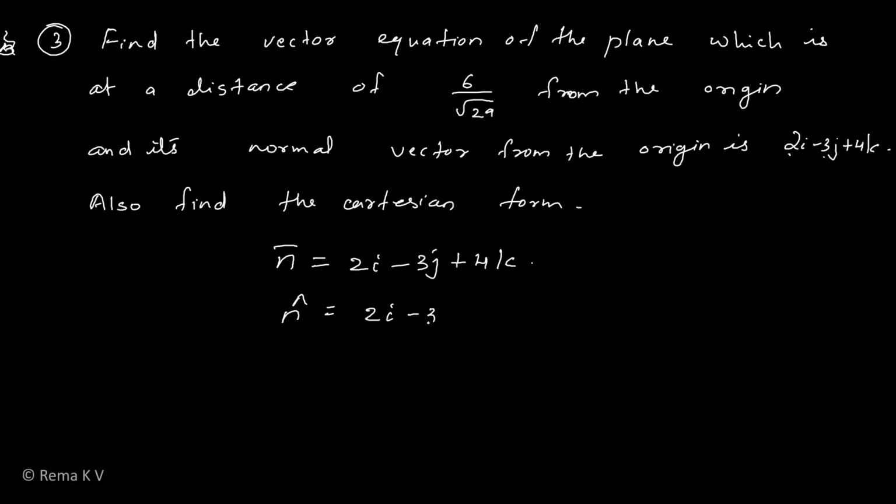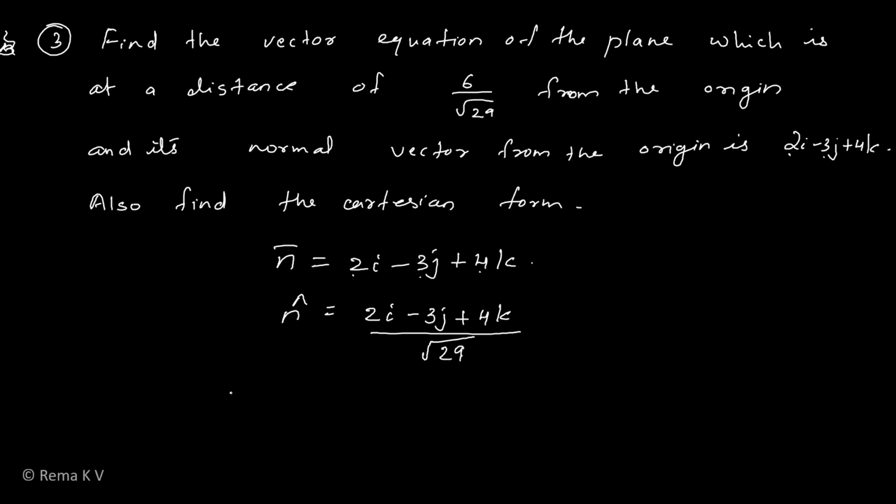It is 2i minus 3j plus 4k divided by its modulus, root 29. Here 2 square 4, 3 square 9, 4 square 16, 16 plus 9 25 plus 4 is 29.